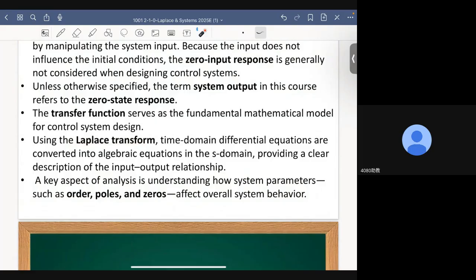If I want to understand the system, I need to have knowledge about the Laplace transform. If I want to understand the system, I better understand the transfer function. If I want a good understanding of the transfer function, I better have some good idea about its parameters, including order, poles, and zeros.